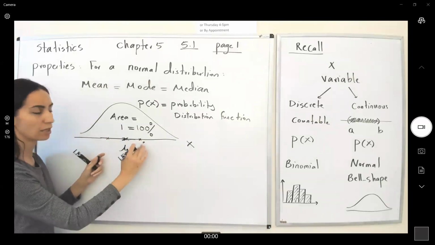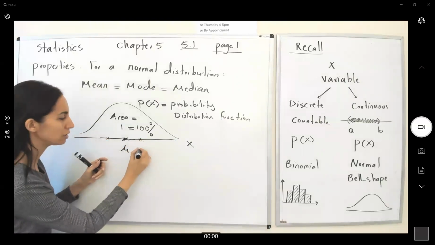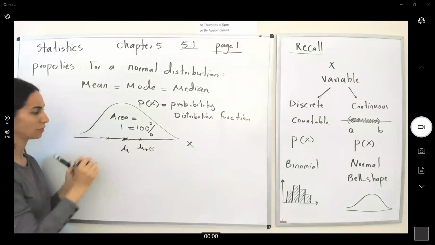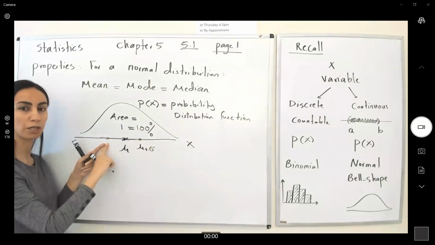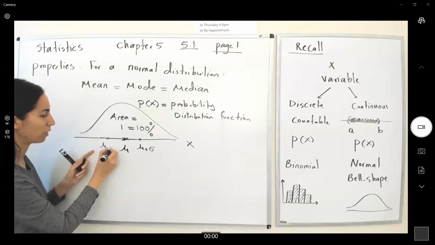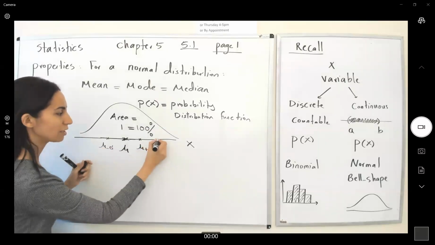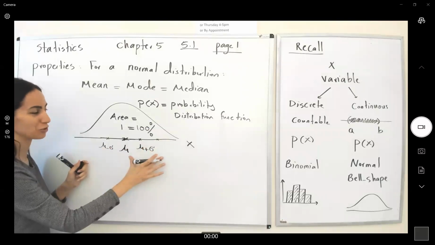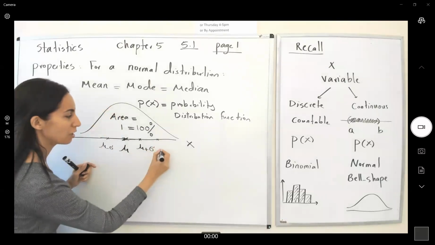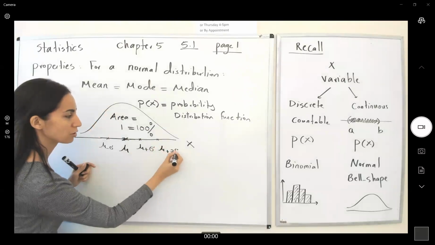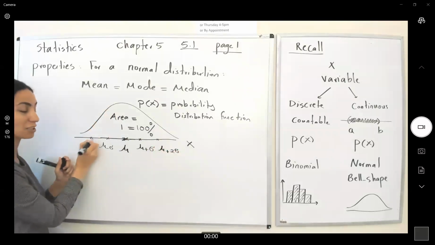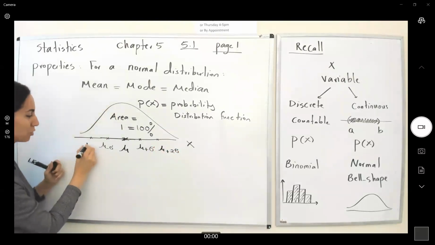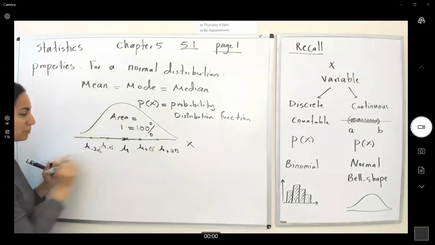So one standard deviation above the mean, mu plus sigma. One standard deviation below the mean, mu minus sigma. One standard deviation after the other one standard deviation, so you get 2 standard deviations above the mean, mu plus 2 sigma. 2 standard deviations below the mean, so we're going to subtract another sigma, mu minus 2 sigma.